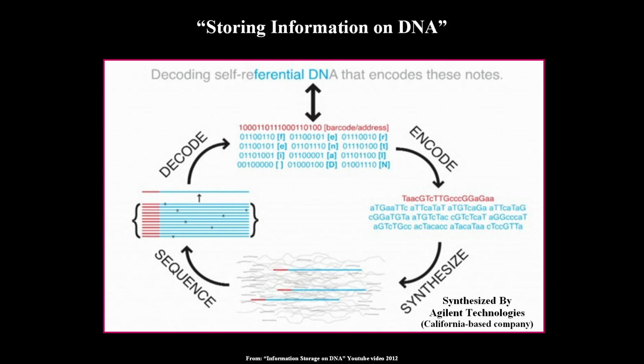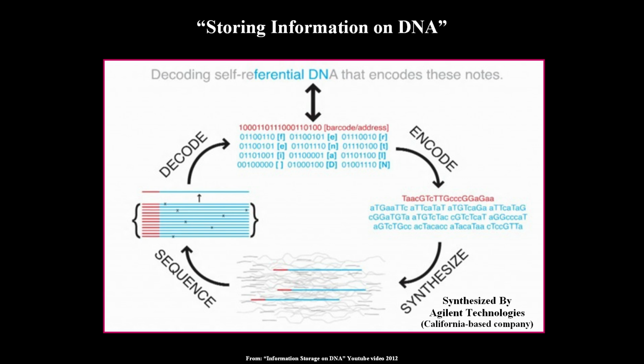And then it's synthesized by Agilent Technologies, a California-based company, and they sequence it. And then it can be decoded by the computer code that we know today, by the ones and zeros.